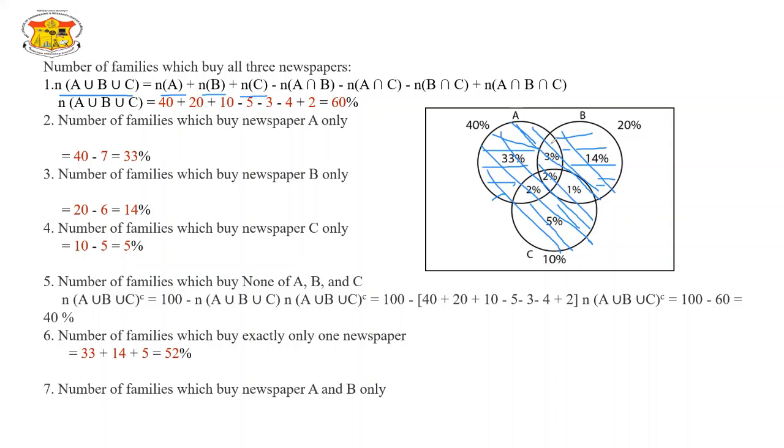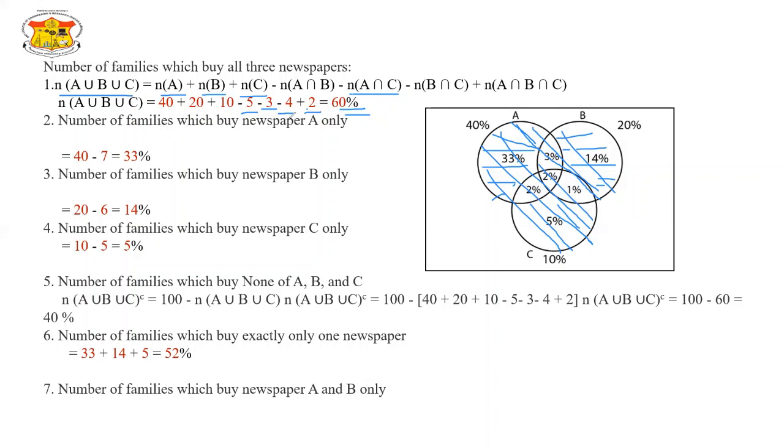A intersection B is 5, A intersection C is 4, and B intersection C is 3, plus the middle part, A intersection B intersection C. If you calculate this, we will get 60%.